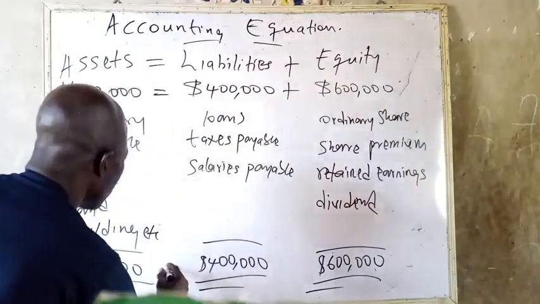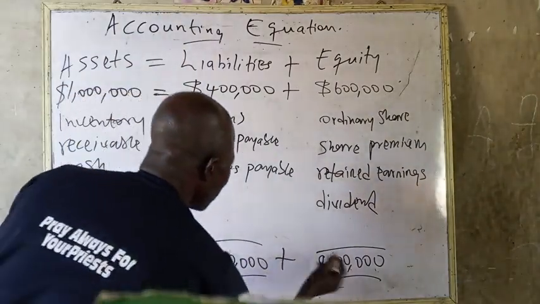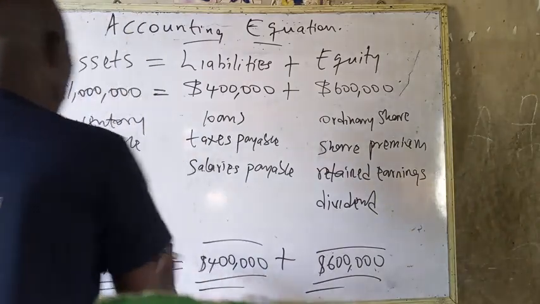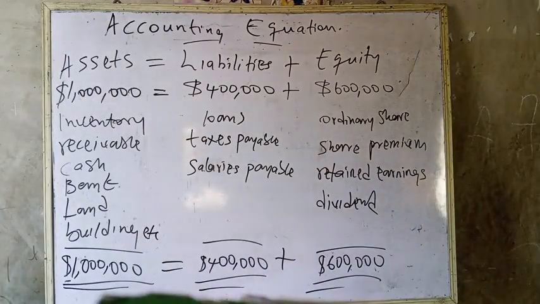So this must be equal to this plus: 400 plus 600 gives us what? $1 million.